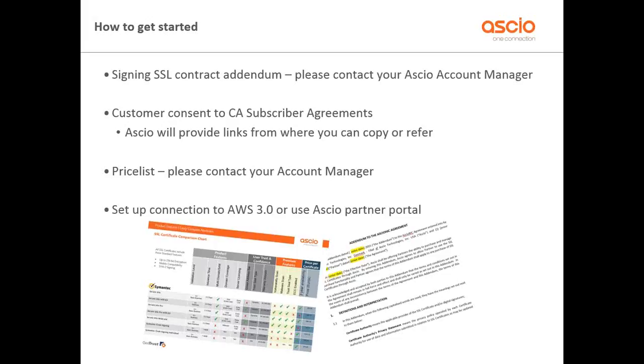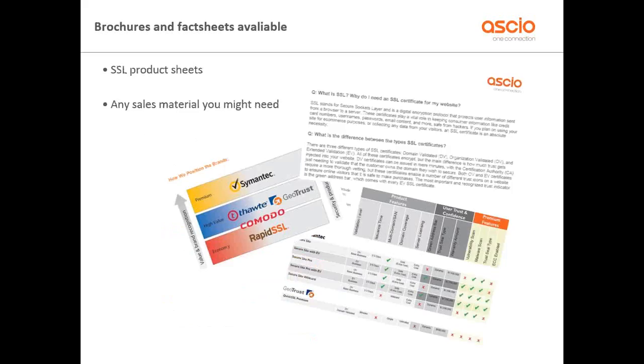For prices, I'll refer to your Ascio account manager, and they'll be happy to send you a price list. Then you need to connect to AWS, or you can use the Ascio Partner Portal, and then off we go. And lastly, there are some brochures and fact sheets available.